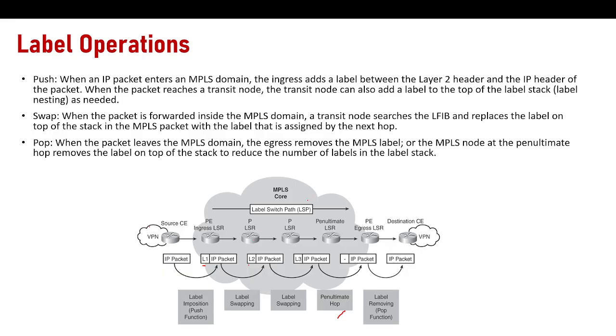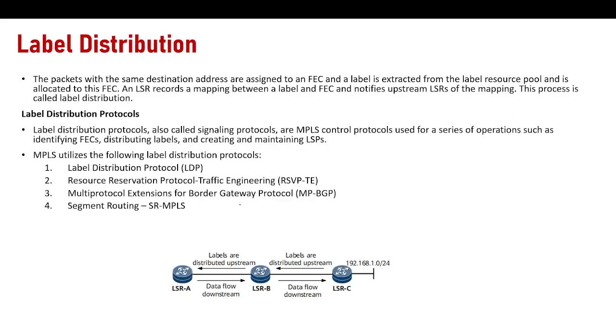You keep performing swap operations on the LSRs until the packet arrives on the egress LSR, and then you perform the pop operation. But if you have penultimate hop popping, then it will be performed on the penultimate LSR. The way this packet is forwarded is what we call the label switched path.